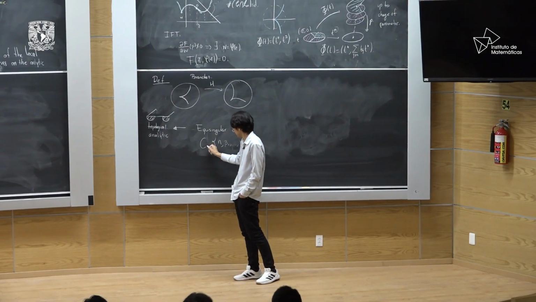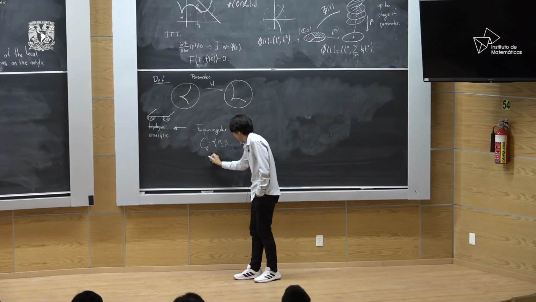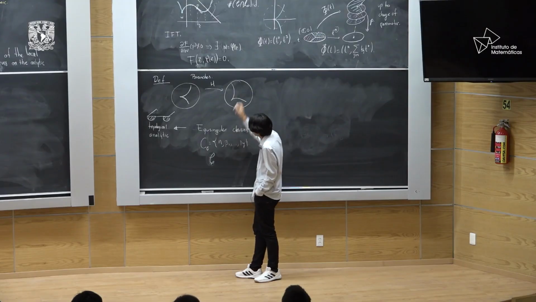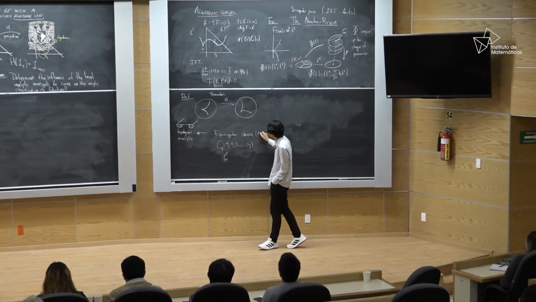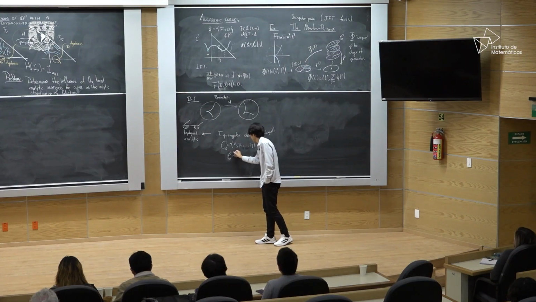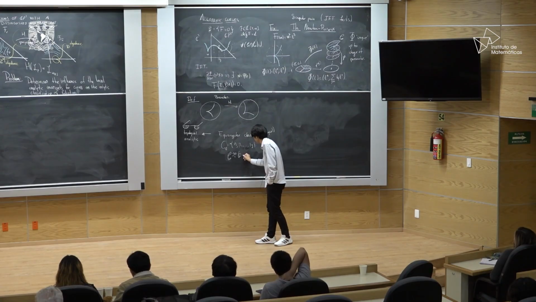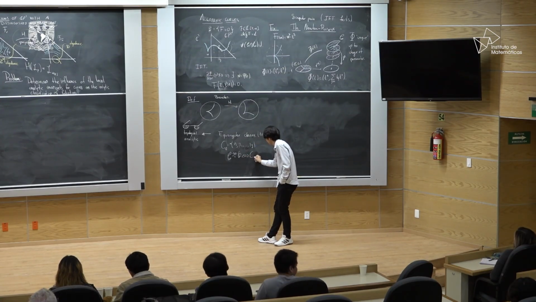This is the characteristic of the curve. We have that two local branches are topologically equivalent, in the topological sense, if and only if the characteristics are the same.